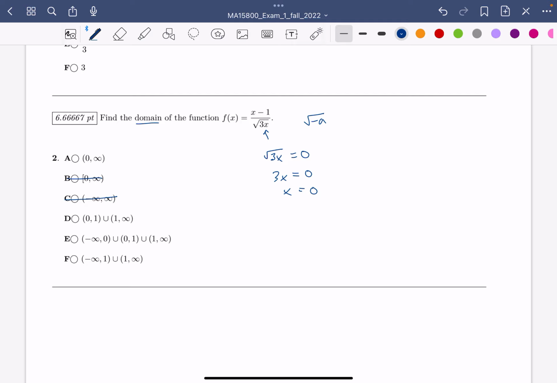So that first occurs when x is less than 0, because 3 times any number x where x is less than 0 is going to be a negative number. So our domain is 0 to positive infinity, not including 0 again, because if it was 0, we would have 1 over 0, which is inconclusive. So our domain is A.